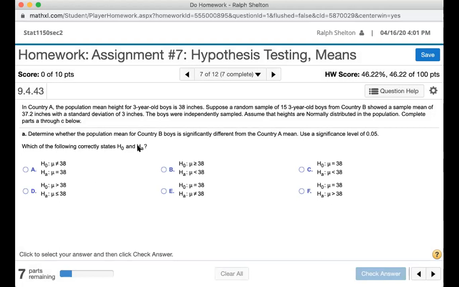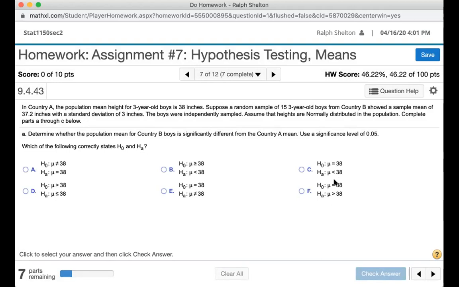Okay, which of the following correctly states the hypothesis? The hypothesis is you're testing to see if country B is the same as country A. So the null value for the mean, the claim would be, we're checking to see if country B is 38 inches. So we look for mu equal 38. We've got it in 3 places here.